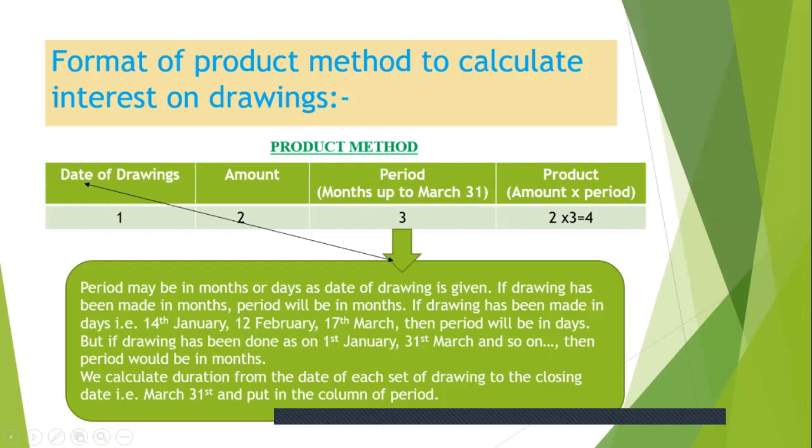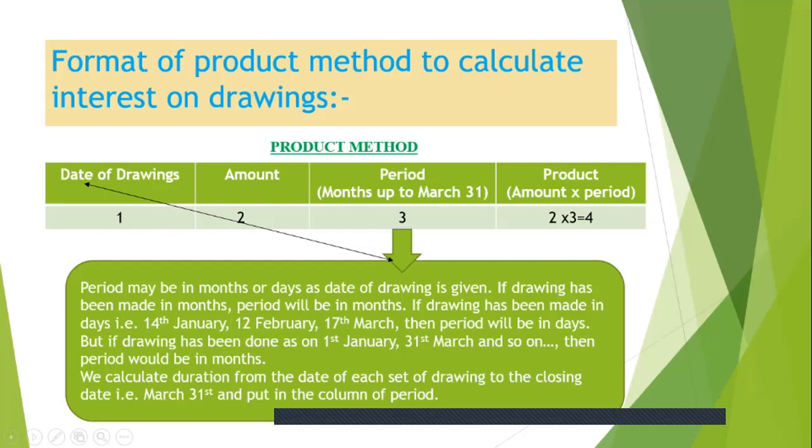In the first column we will put the date of drawing, when the partner has drawn on different dates, and the amount of drawing in front of the date. And then the period. How to calculate the period, I'll explain, and it will be column 3. And the product, how to calculate? Amount into period. Means second column into third column will be the fourth column.